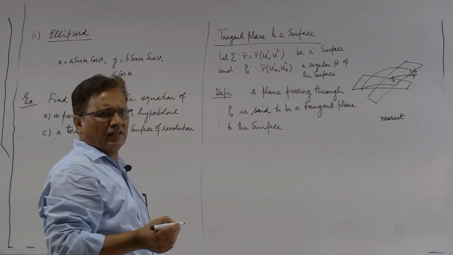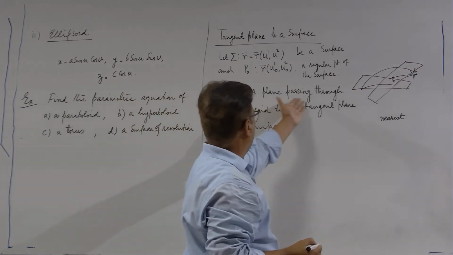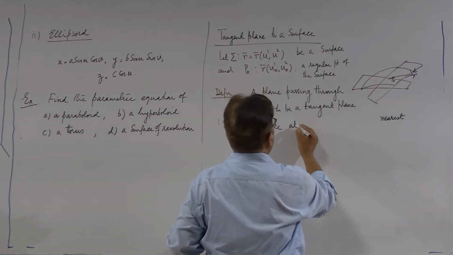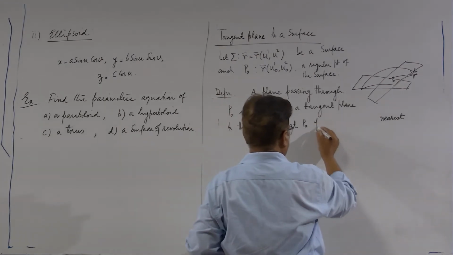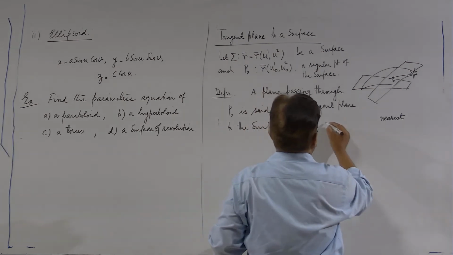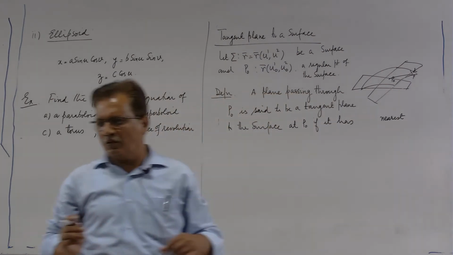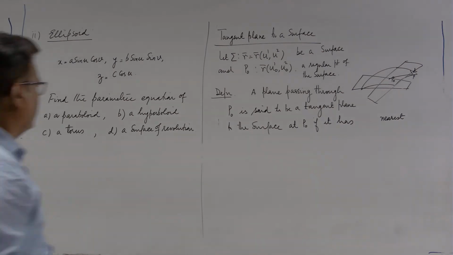Usually we denote a curve by C and a surface by sigma. So, this plane passing through P 0 is said to be a tangent plane to the surface at P 0 if, we do not call it a contact, in fact, whose distance from P. So, I have to take another point.